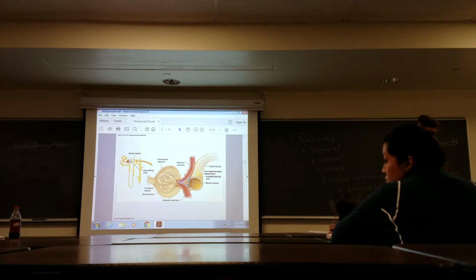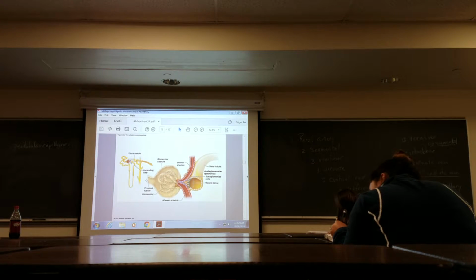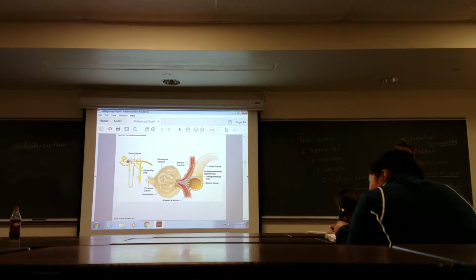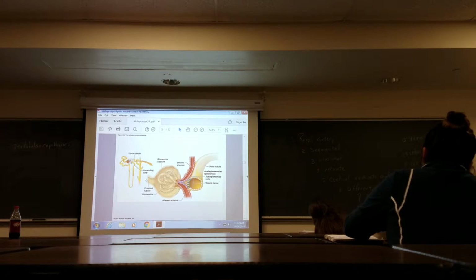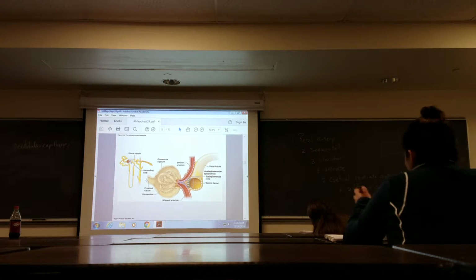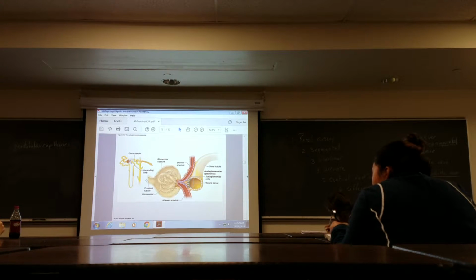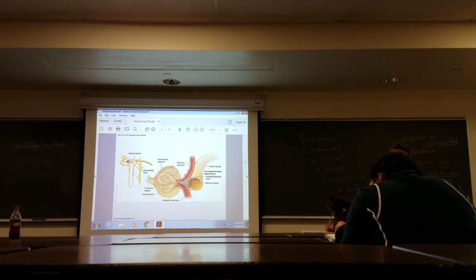Because again, both of these are capillary beds. The glomerulus is unique: it is supplied and drained by an arteriole.